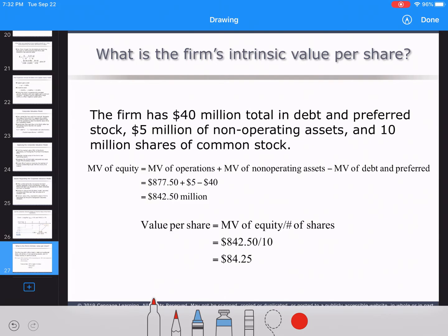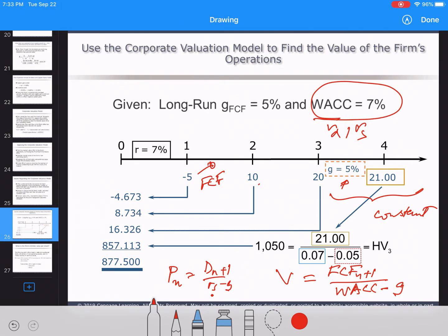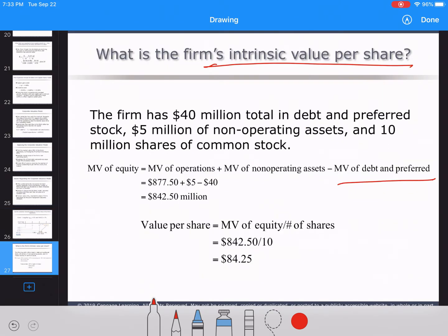So here is an example: what is the firm's intrinsic value per share? Now you say the market value of equity is market value of operations plus non-operating assets minus market value of debt and preferred. So the market value of operations is 877.5, right? That is your market value of operations, this number.